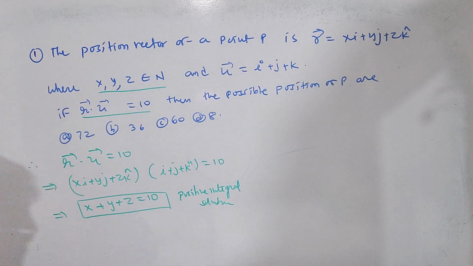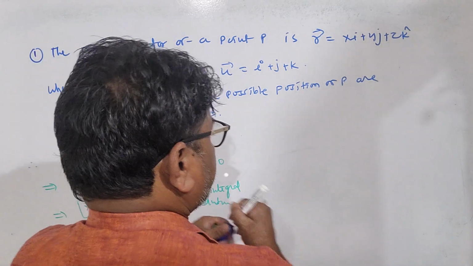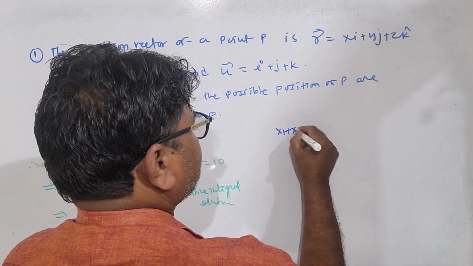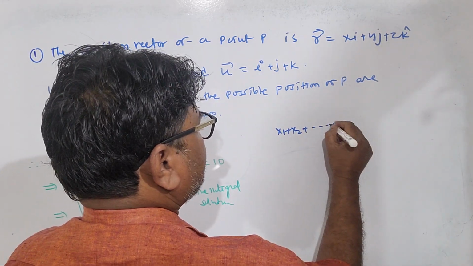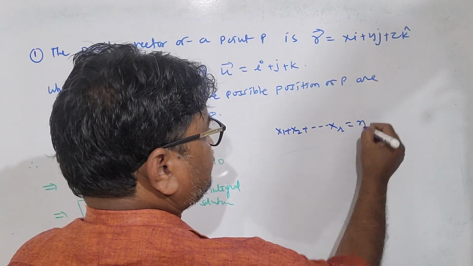Now look at the formula. This is the equation x1 plus x2 plus up to xr equal to n.